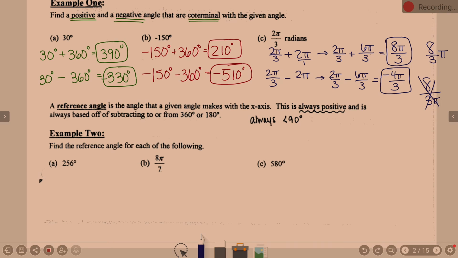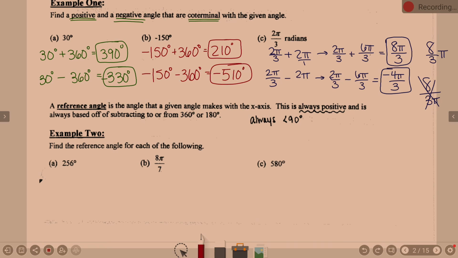A reference angle is how far that angle is from the x-axis, my horizontal axis. It's a positive value, and it's always less than 90.